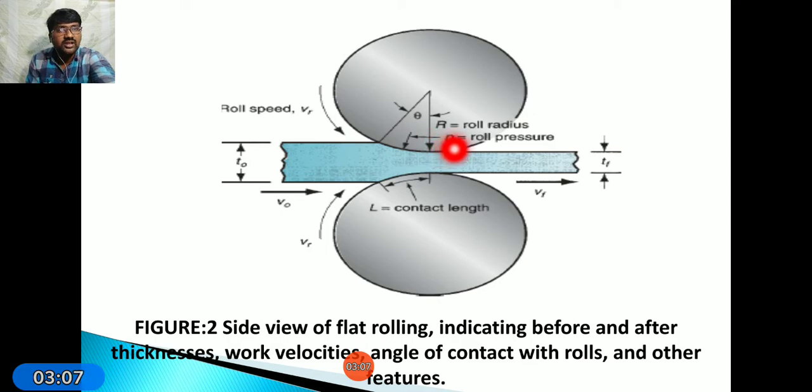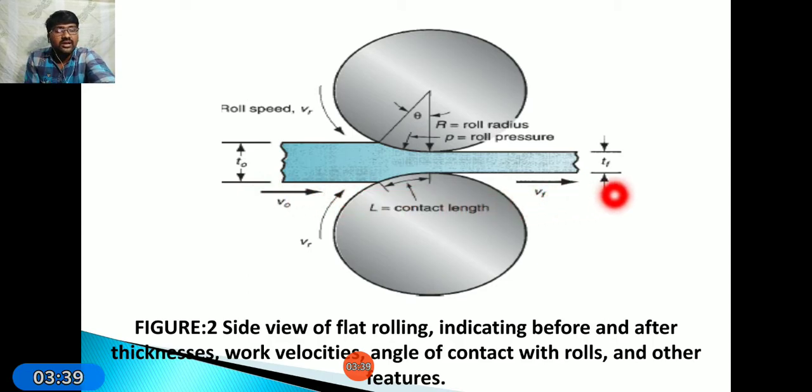Next, r is the roller radius, from the center to the surface of the roller. p is the roll pressure, the pressure applied on the workpiece. VR is the surface velocity of the roller. T0 is the initial or starting thickness of the workpart.